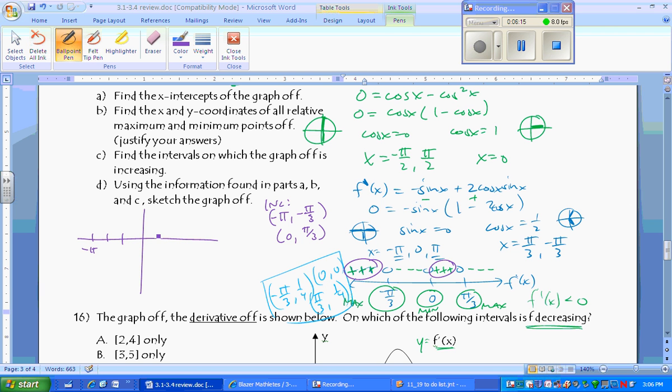For part D, the graph of the function from negative pi to pi. We know these 3 points right here, the minimums and maximums. So negative pi over 3, positive 1/4, right there. Positive pi over 3, 1/4, right there. 0, 0. And then the only other thing we want to look at is where it is when we have negative pi and pi.